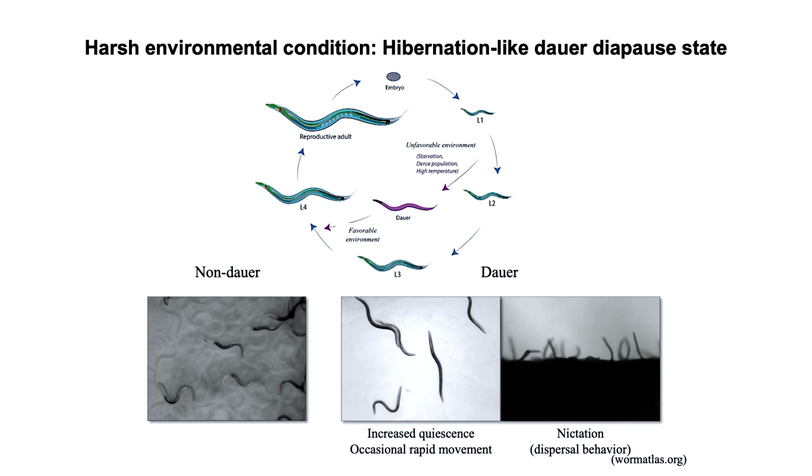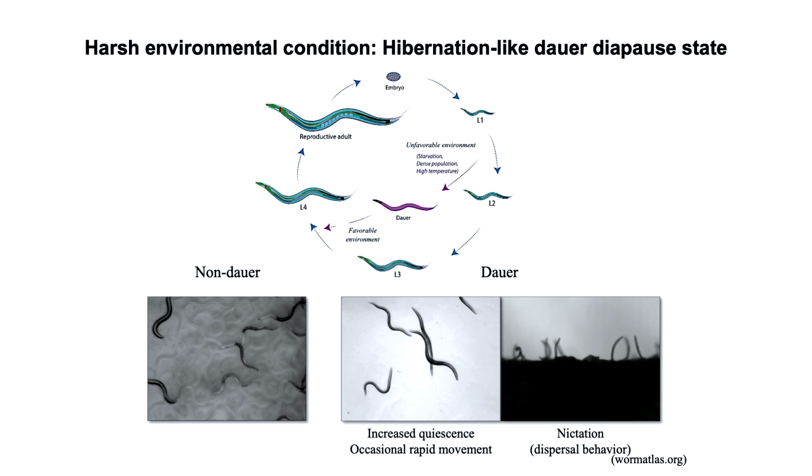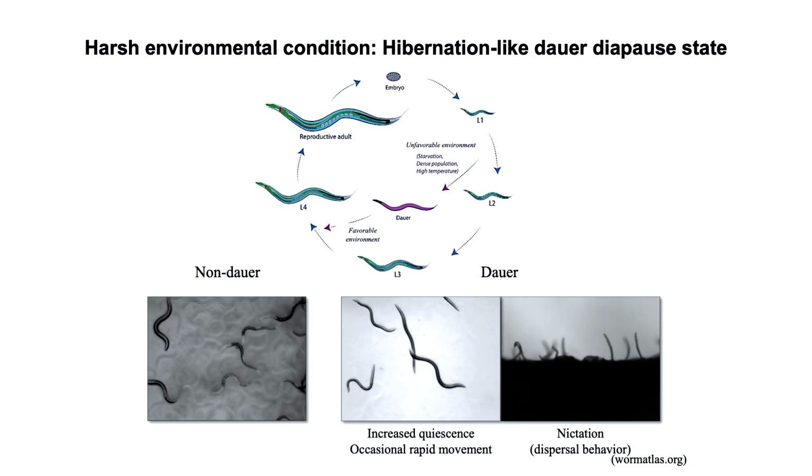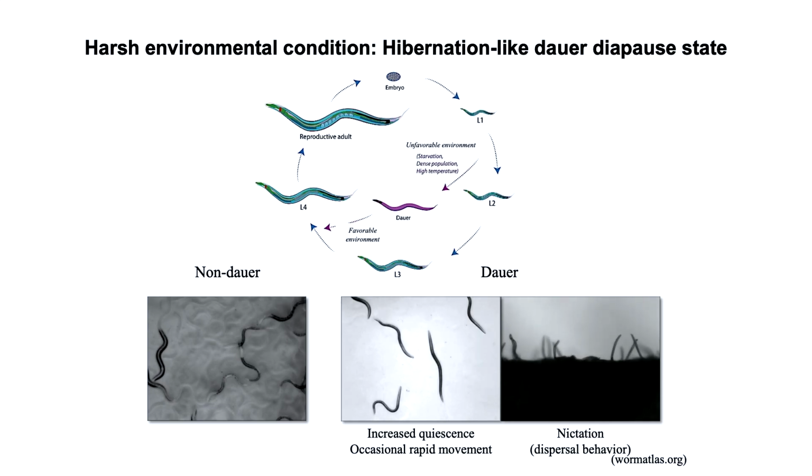This life cycle at a normal temperature can be completed in 3 days. But when they sense starvation, that the environment is not conducive enough to go through the life cycle, they go into this hibernation stage, which we call the dauer stage. In that stage, they can actually wait for 3 to 4 months.